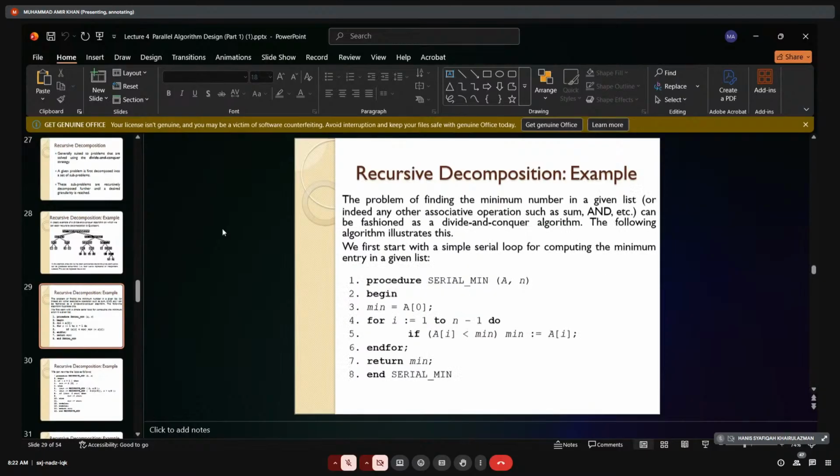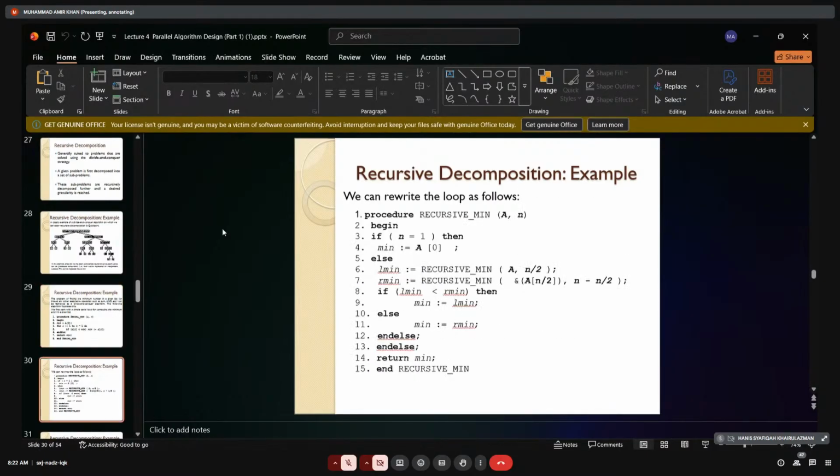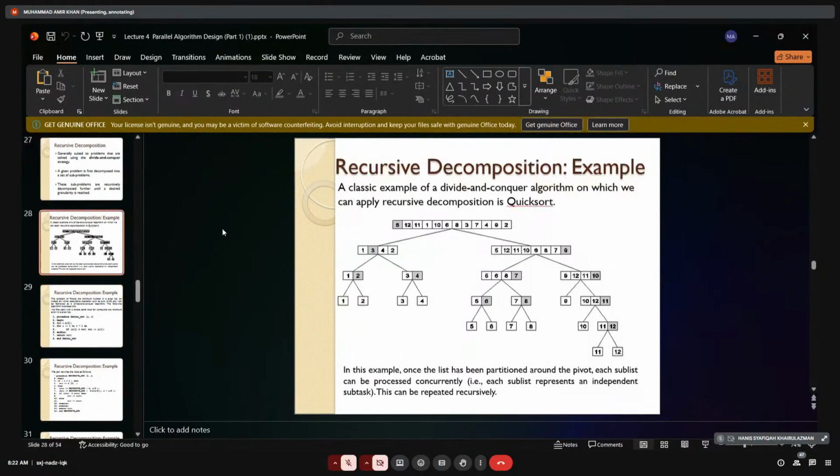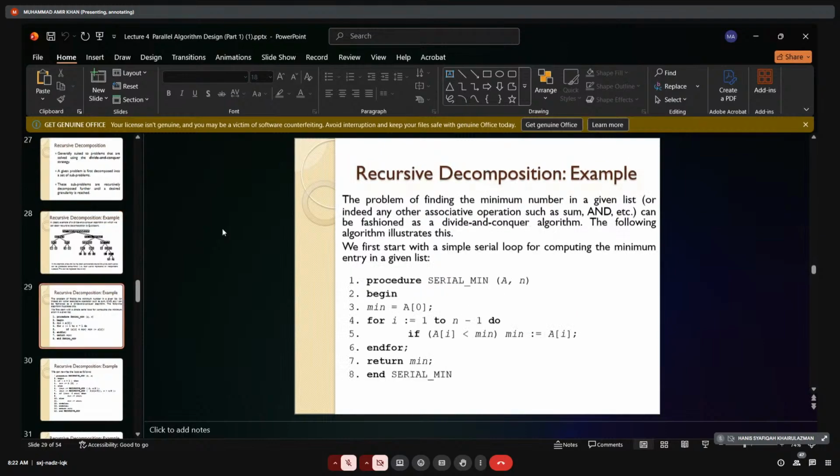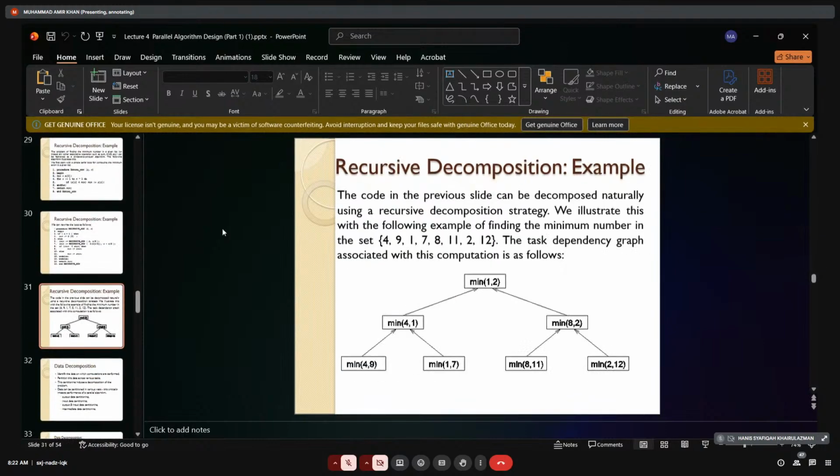So no need to memorize this. I will not give any algorithm in the exam, but you should know the science behind this. The actual programming steps behind this is this algorithm. Then see, this is also recursive decomposition.